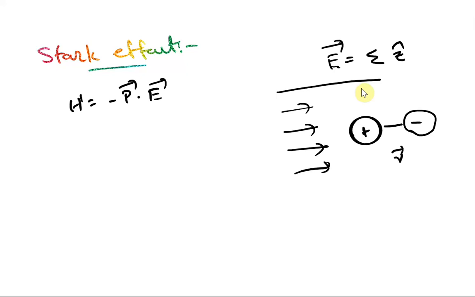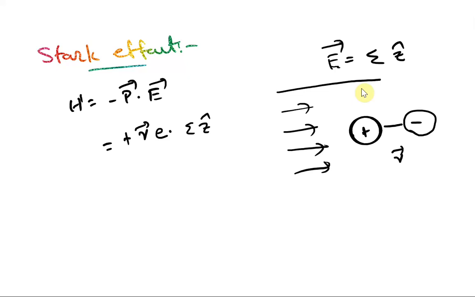So the dipole moment is going to be charge into the position vector, that is 0, and the separation into the charge, that is minus e into the radial vector, so that is minus r e. This minus and that minus will get cancelled, so that is plus r e dot E, which is epsilon z cap.